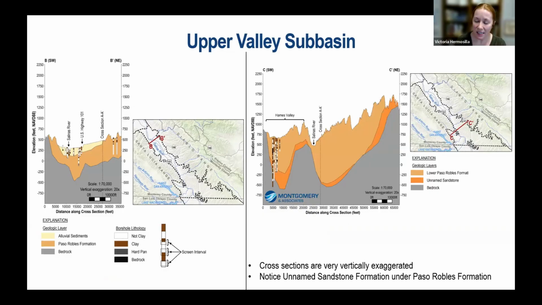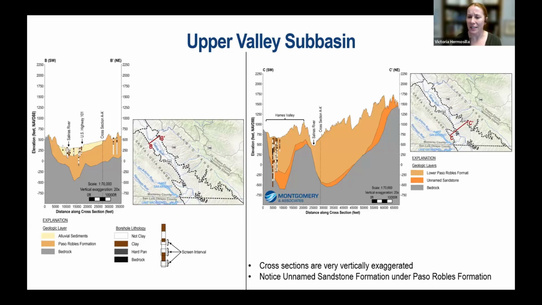And so because these boundaries were expanded, it encompasses more geology than previously. And you'll notice that there's a darker orange unit here. This is an unnamed sandstone. Now, we don't have any wells that are drilled into the sandstone. We group it together with the Paso Robles Formation for groundwater modeling purposes.